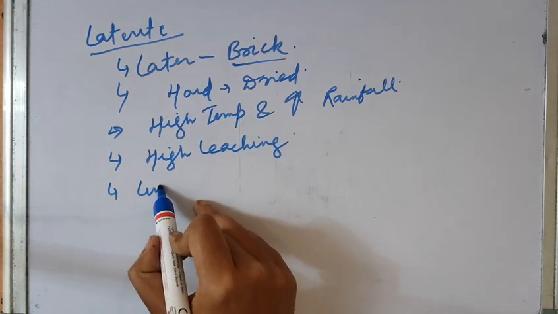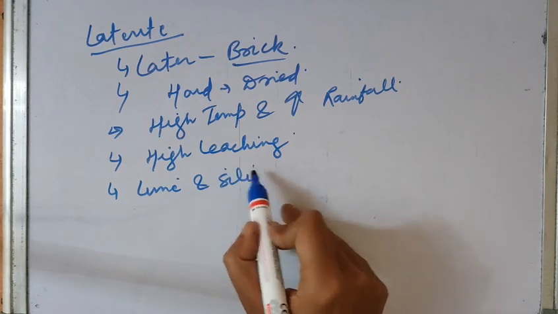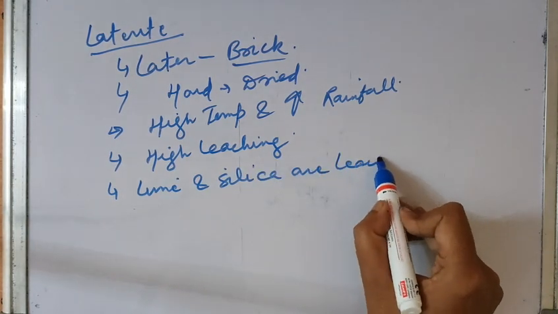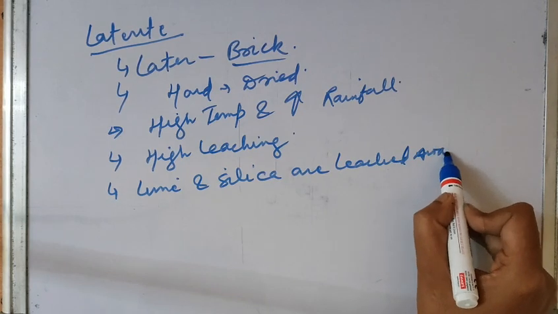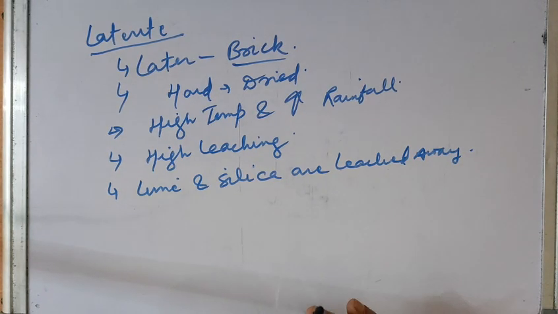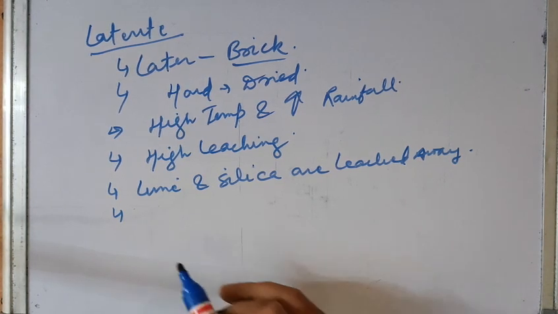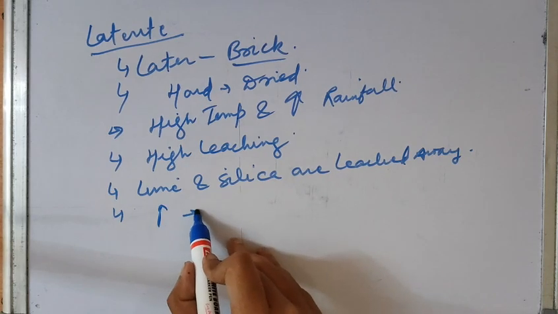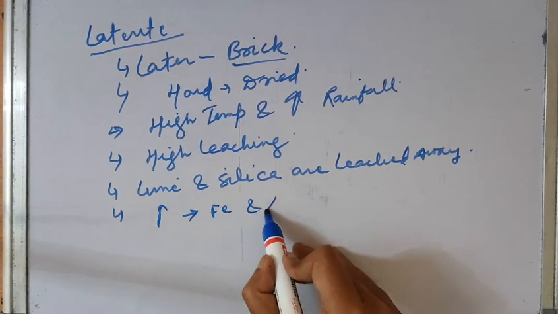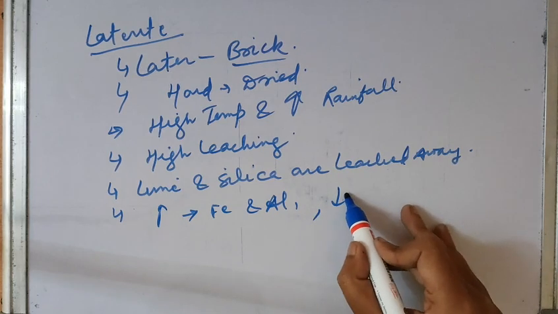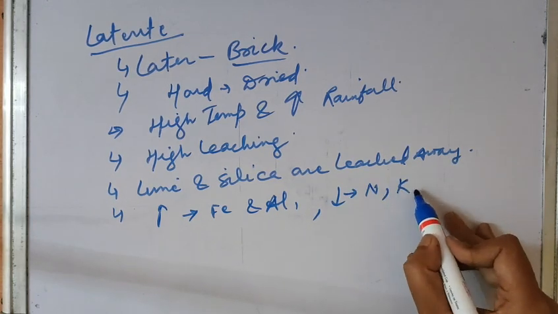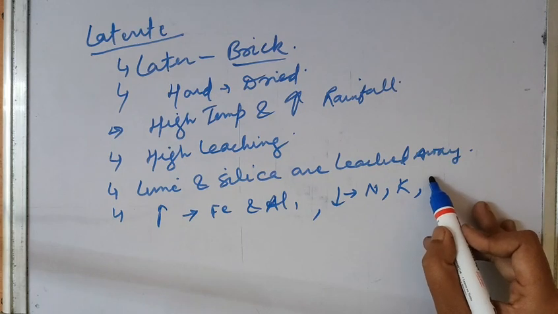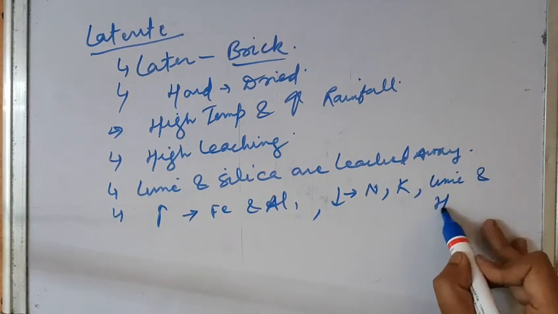So what happens? Lime and silica are leached away from the soil, and also organic matter will be removed because of high leaching. And as the heat is there, high temperature, bacteria act very fast, removing the organic matter. So we can say it is rich in iron and aluminum, but deficient in nitrogen, potassium, lime, and humus.